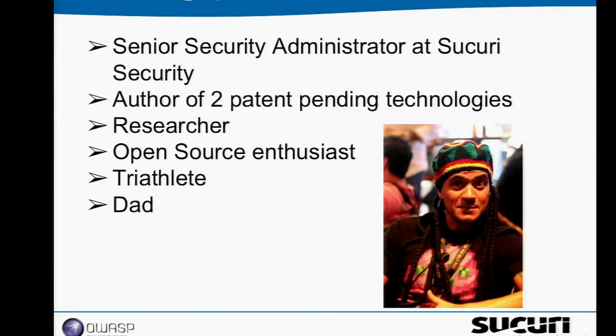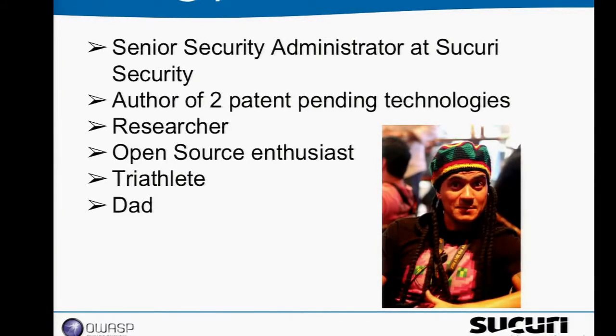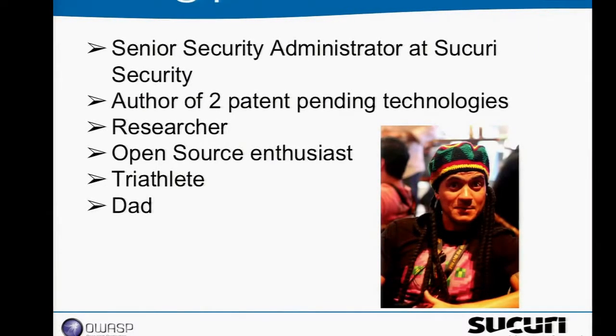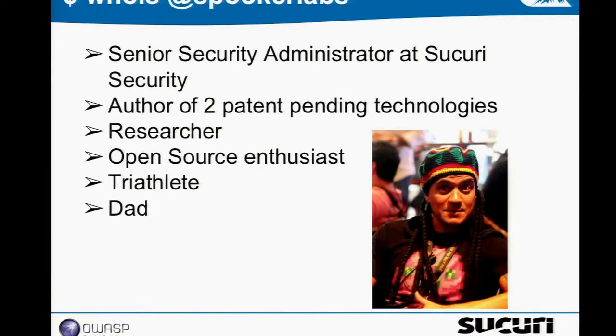I really like to share information, and if that research were only mine, I would probably do some scripts and publish them on GitHub, but the company didn't allow it. I do triathlon in my spare time. Not really in my spare time, but I do a lot of triathlon. And I'm a dad. I have a 6-month-old baby that is making life a little bit busy, but that's awesome.